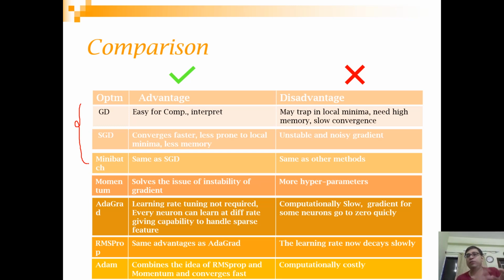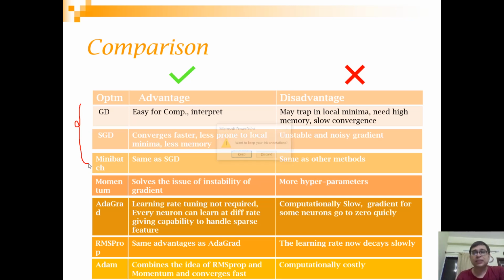Even SGD with momentum, or SGD with Nesterov momentum, works pretty well. Just like momentum can be improved with Nesterov acceleration, the Adam optimizer can also be improved with Nesterov acceleration, and that optimizer is called the NADAM optimizer.